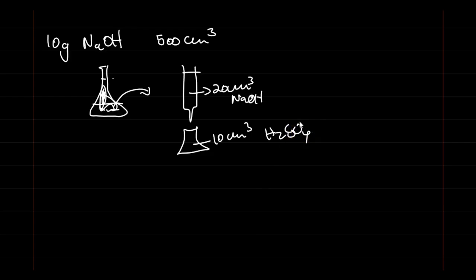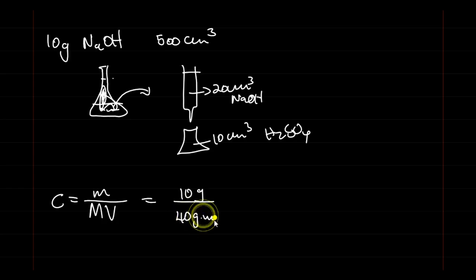So now what do we have here? We have the volume of sulfuric acid and the volume of sodium hydroxide. We don't have the concentration of both, but we can calculate the concentration of sodium hydroxide. Let's do it quick. The concentration of sodium hydroxide is the given mass over molar mass multiplied by volume. Our given mass is 10 grams over the molar mass of sodium hydroxide, 40 grams per mole, multiplied by the volume.